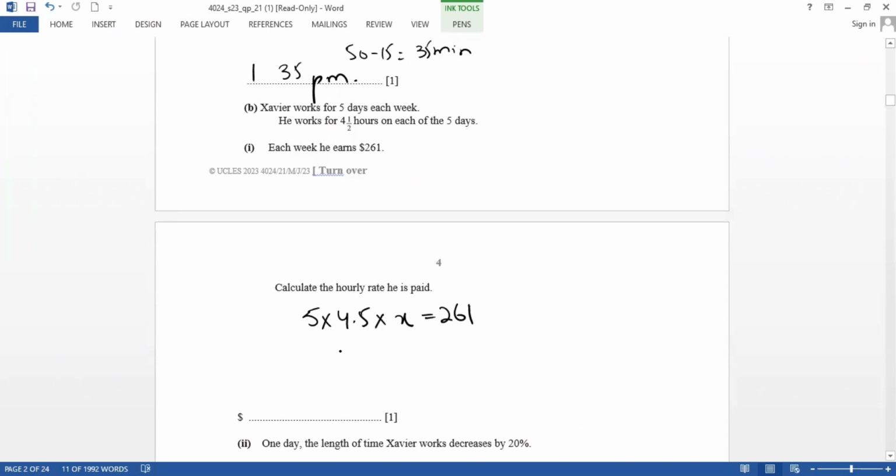So 5 into 4.5 is 22.5. x into 22.5 equals 261. So when it goes to the other side, it will be divided, and the answer will be 11.6 dollars.